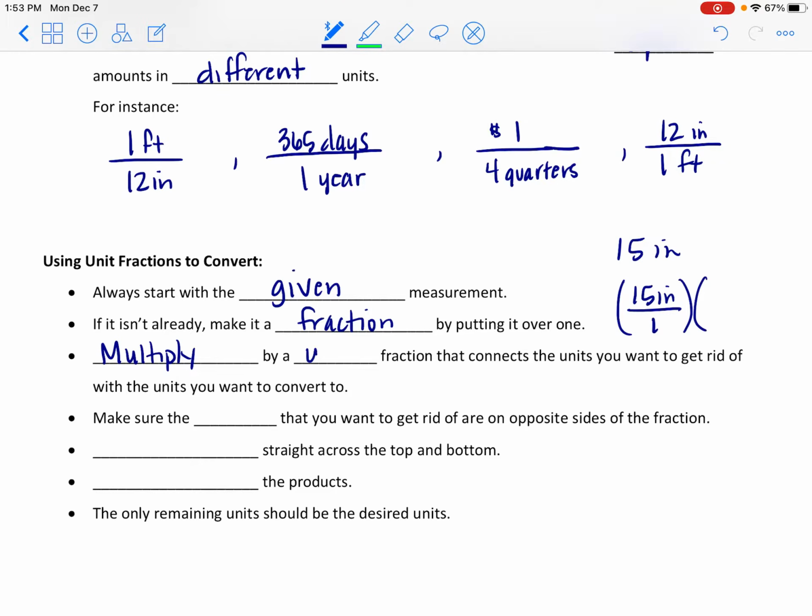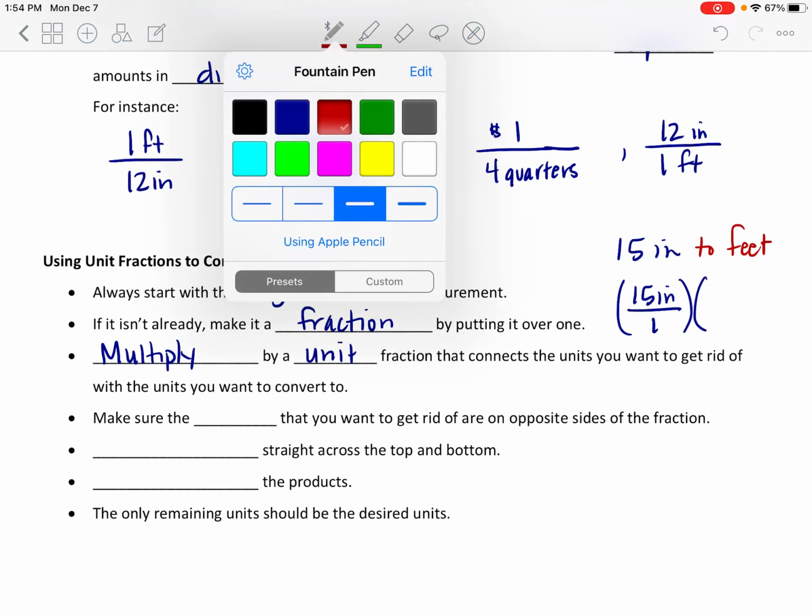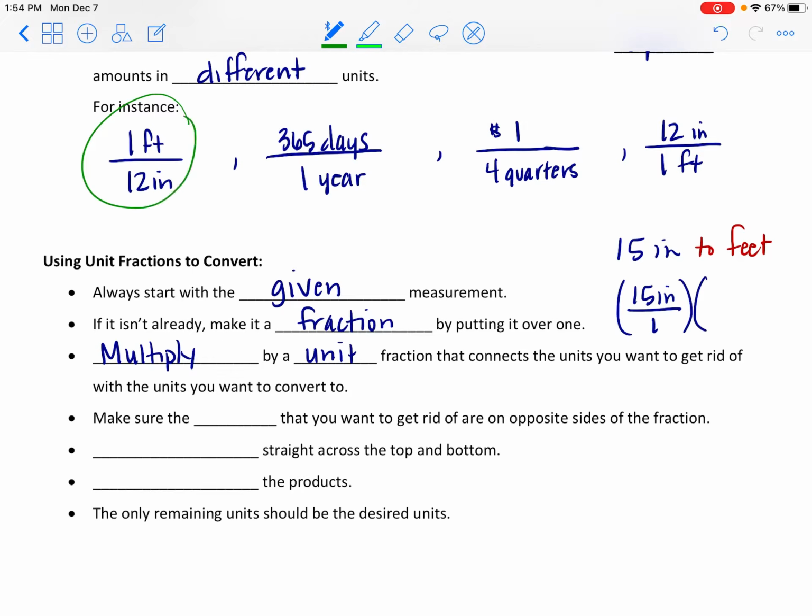What you want is a unit fraction that connects the units that you're trying to get rid of and the units that you want to convert to. So for example, let's say you wanted to go from 15 inches to feet. What you're going to need then is the unit fraction that I have up here, one of those, which I'll talk about in a minute.